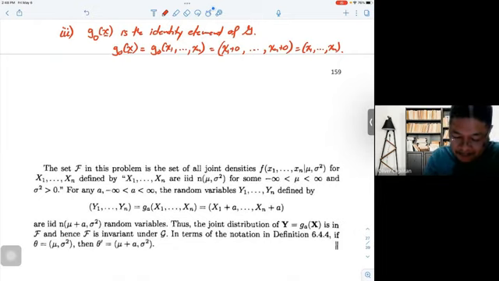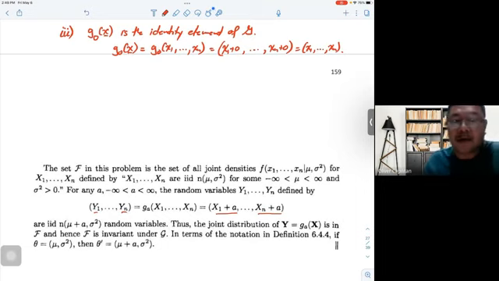And then for any a, where a is any real number, then the random variable Y equal to Y sub 1, X sub 1 plus a, up to Y sub n, which is X sub n plus a. So that's the g sub a of X.